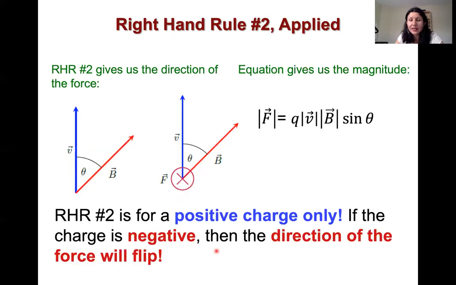If the charge was negative, we would have to flip the direction, and then we would conclude that the force is coming out of the board. So this is how we apply right-hand rule number 2. Number 1 is the one that has to do with current and figuring out the direction of magnetic field around wires, and this has to do with forces on charges due to external magnetic fields.